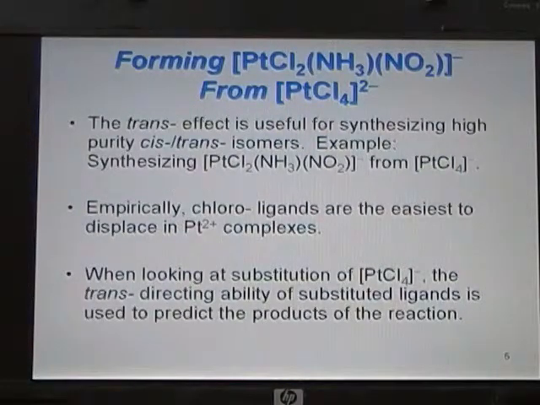Empirically, the chloro ligands are the easiest to displace in Pt2+ complexes. When looking at the substitution of PtCl4 2-, the trans-directing ability of substituted ligands is used to predict which products will form during the reaction.